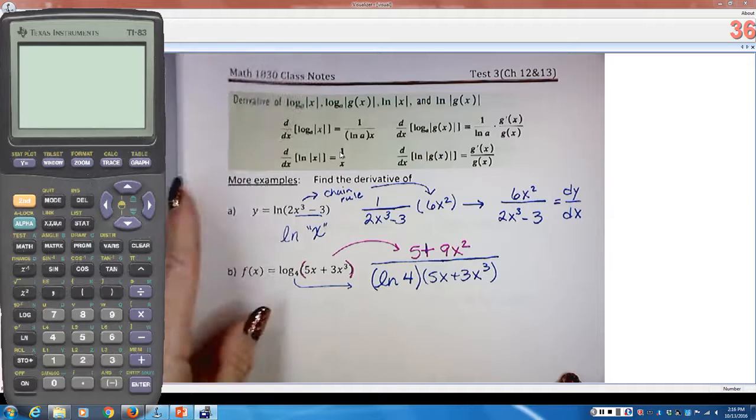Is there a test that's going to be on 12 and 13 or just 12? I'm going to look ahead at 13 before the first of the week. If we are going to do all of 13, then no, we'll have a test over just chapter 12.